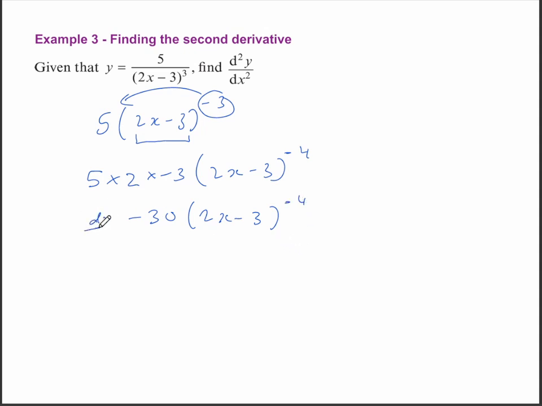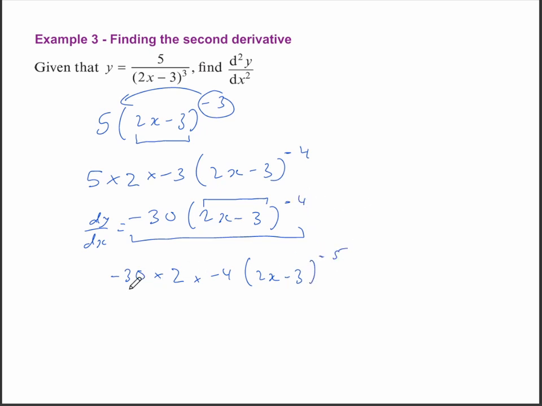That's the first derivative. For the second derivative, I will have to differentiate this again. So we'll do that again. So -30 multiplied by the derivative of whatever is inside the bracket, which is again 2. Then you multiply by the power, so times -4. Then multiply by the bracket, 2x minus 3, and the power subtracts 1, so -5.